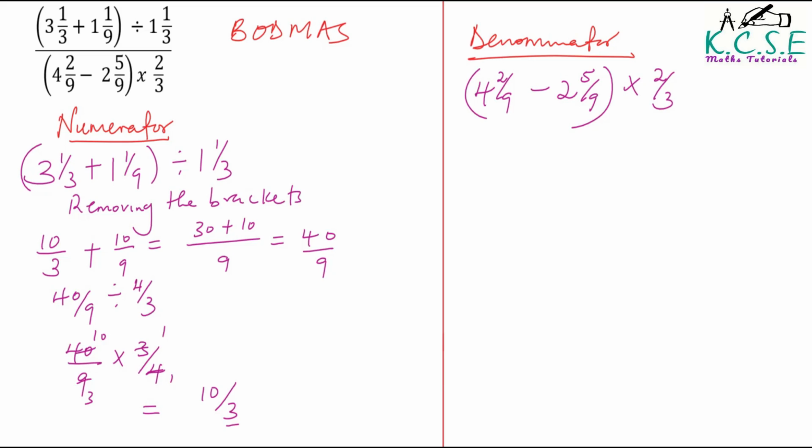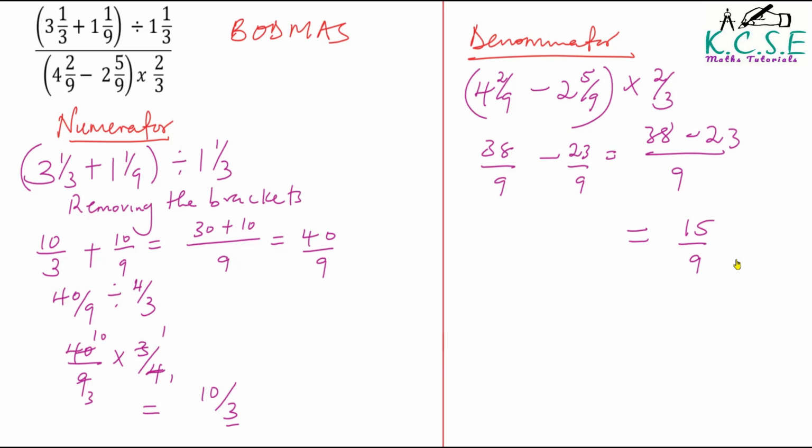So this one will give 38 divided by 9, then 2 and 5 over 9 converted will give 23 over 9. So subtracting these will give 38 minus 23, and this gives 15 divided by 9.